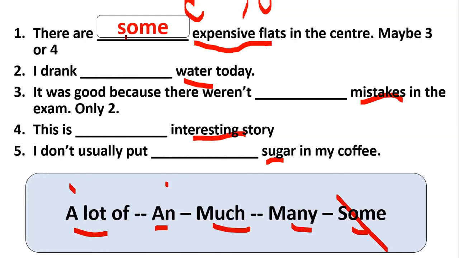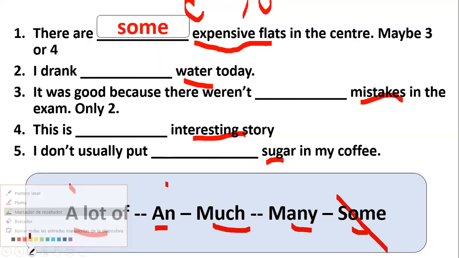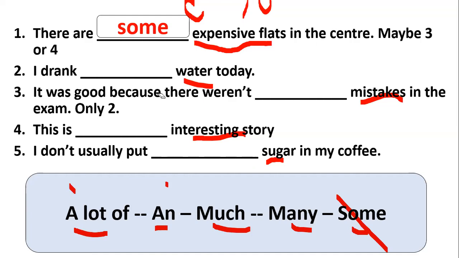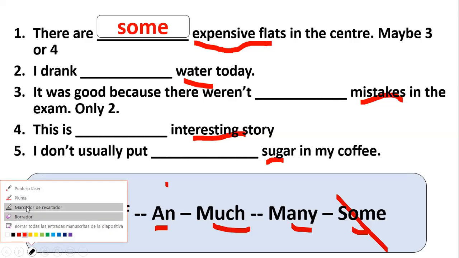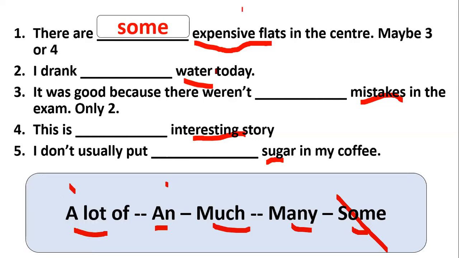Okay, I thought it was shoes. If I am talking about apartments, is it countable or uncountable? What do you think? Countable. Apartments, countable.